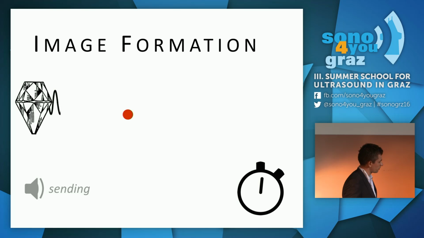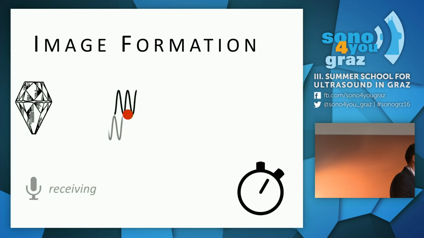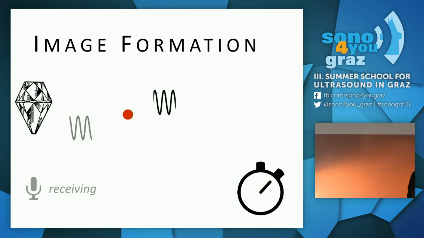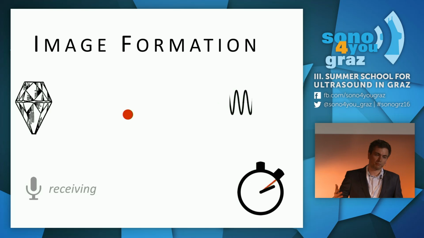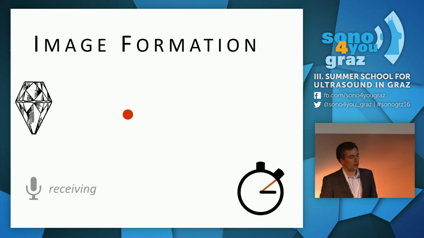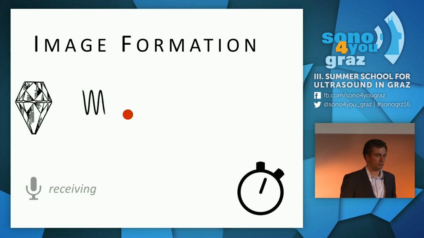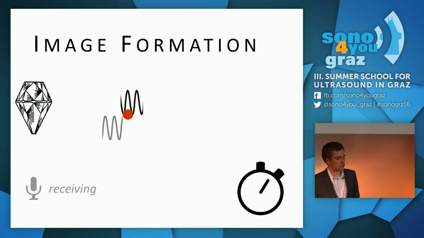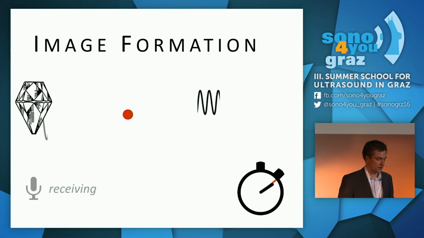You see the machine is going into sending mode. The ultrasound beam is advancing into the tissue, certainly hitting the structure, and an echo is coming back. And while the echo is coming back, our crystal is in receiving mode again, and we get a signal, and by measuring the time, we can actually differentiate how deep this structure is.